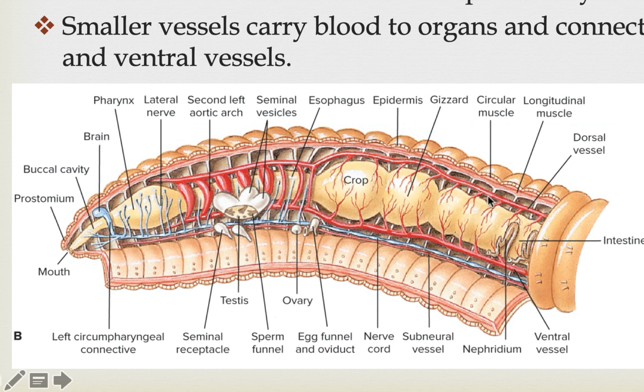But then we see that there's a dorsal blood vessel that is moving the fluids forward, and then a ventral blood vessel that is pushing blood posteriorly. And so it makes this counterclockwise circuit. And we see that there are a number of smaller vessels that are attached to each of these, delivering nutrients and picking up nutrients, or waste products, I should say, at different stages.